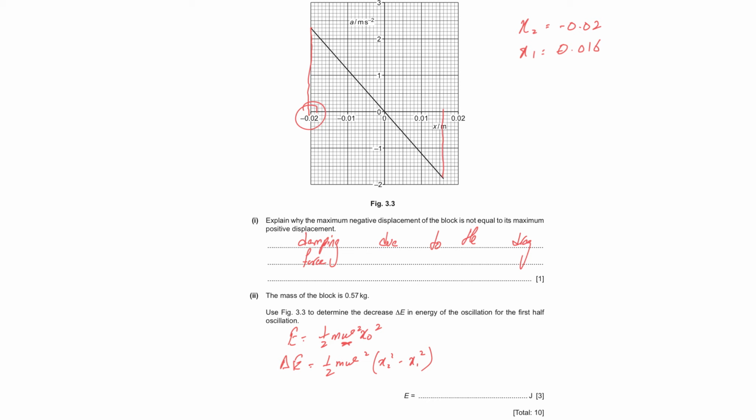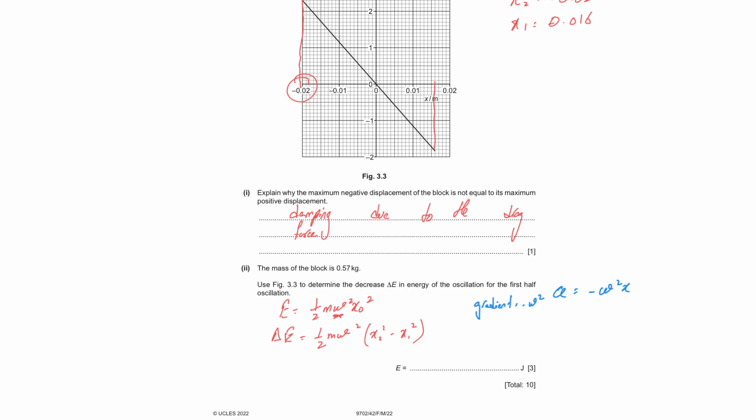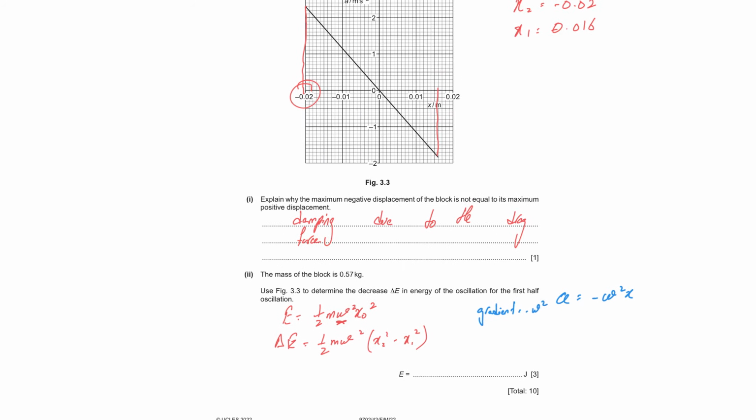What's the value for omega squared? Now, as we wrote earlier, a is equal to minus omega squared x, and this is an acceleration displacement graph. So the gradient of the graph is equal to minus omega squared. The gradient can be found using y2 minus y1 over x2 minus x1.